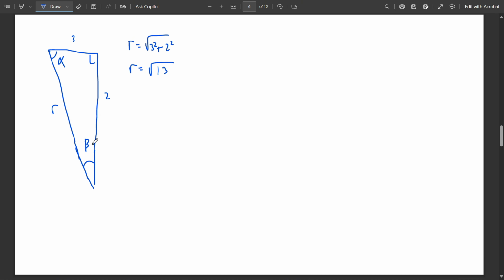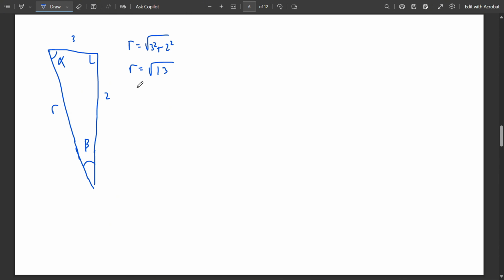Well, we can find beta here. Well, this is our opposite side, right? The length facing the angle beta. And we can use either of these. So we can use sine, cosine, and tangent. Well, let's use our cosine here.